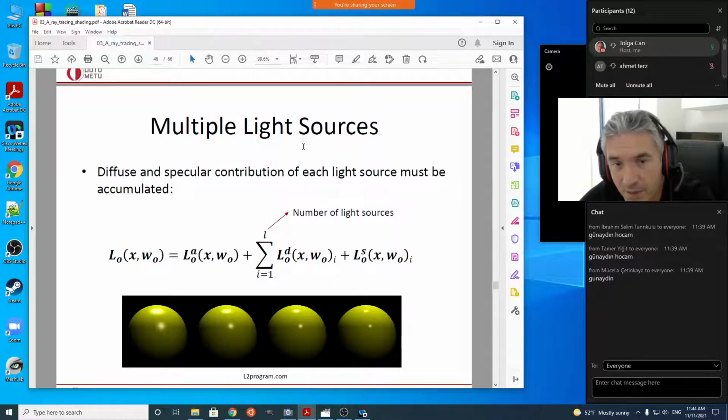So when we have multiple light sources in the scene, diffuse and specular components will be computed for each light source, because each light source will not have a separate ambient component. The ambient is, as I said, not attached to any specific light source. The ambient is the light that is available, abundant everywhere in the scene. So we are going to compute the diffuse and specular components due to every one of those light sources and add them up.